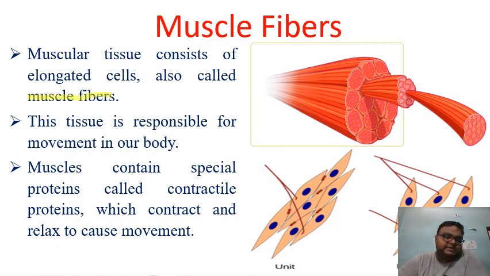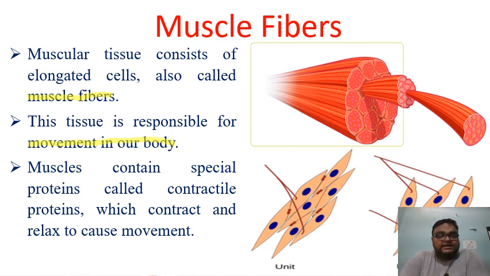This tissue is responsible for movement in our body. Like when we want to move, then this muscular tissue is being used. So this tissue is responsible for movement in our body.